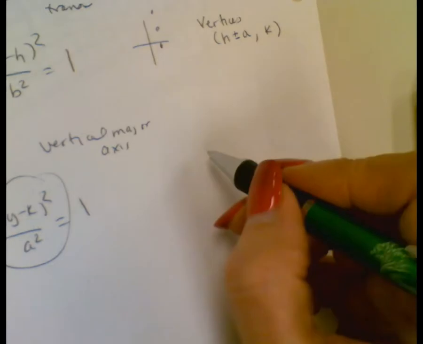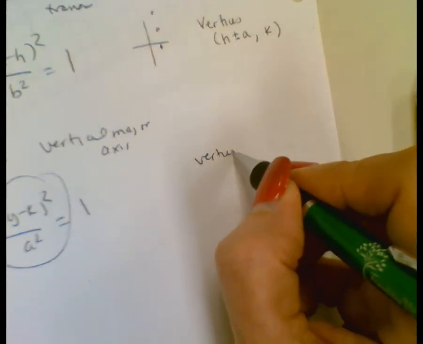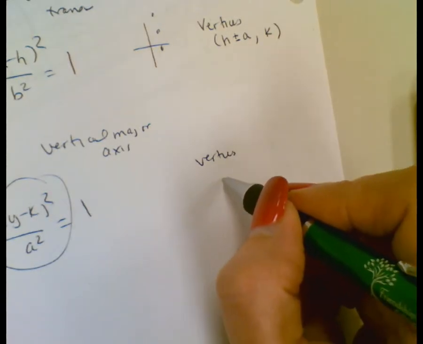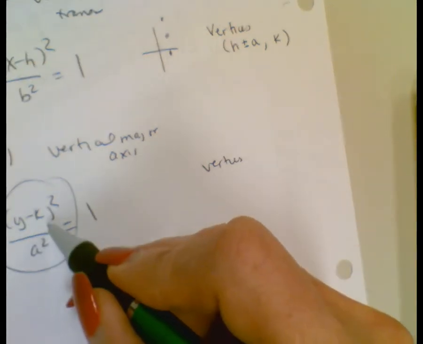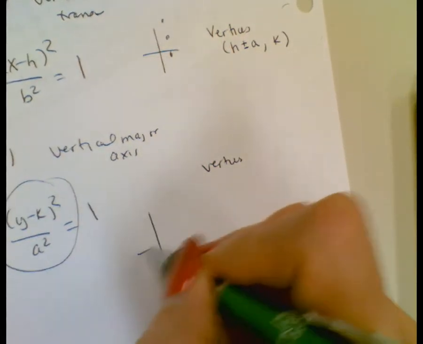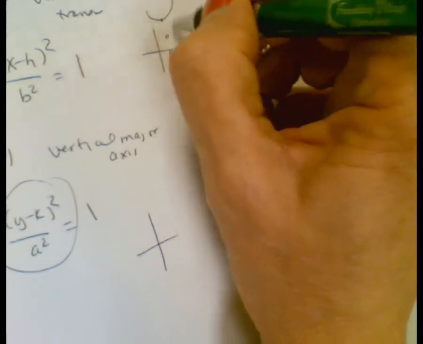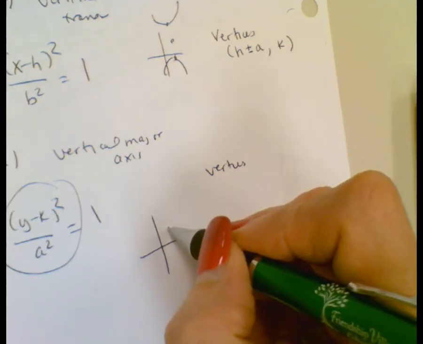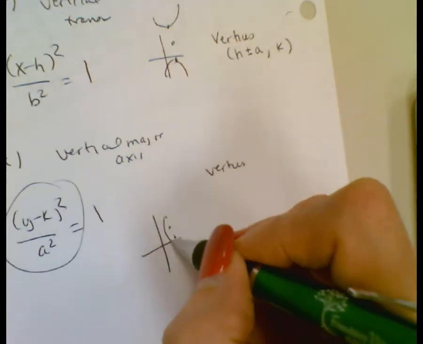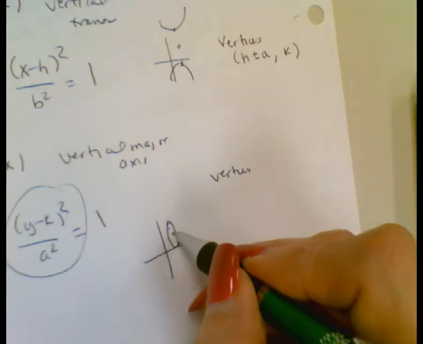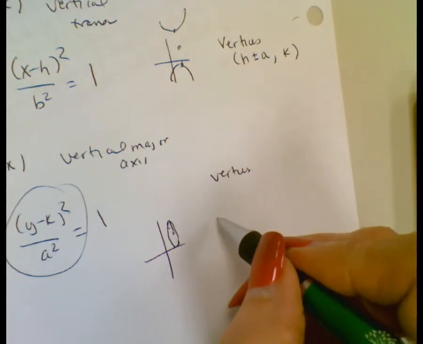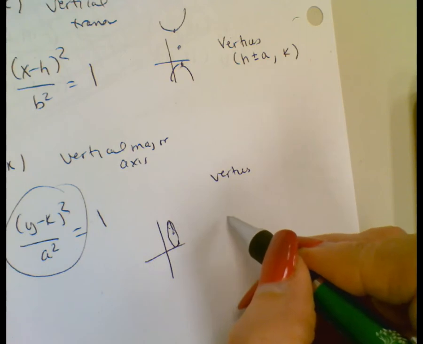And over here, your vertices would be, you're adding to the y. So again, this is a hyperbola. This is an ellipse. So the a is here. So your vertices would, again, have the same h.